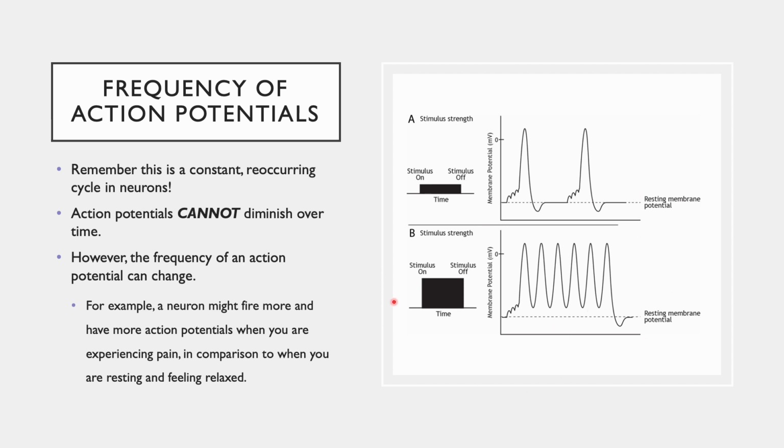In graph B, this is showing us a strong stimulus. For example, let's go back to the example with the simple reflex. If you were to step on a sharp object, your body would want to get you away from that pain. When we receive a painful sensation up the spinal cord via the dorsal root, our sensory neurons are going to tell our motor neurons that we need to command the foot to move away from the sharp object.